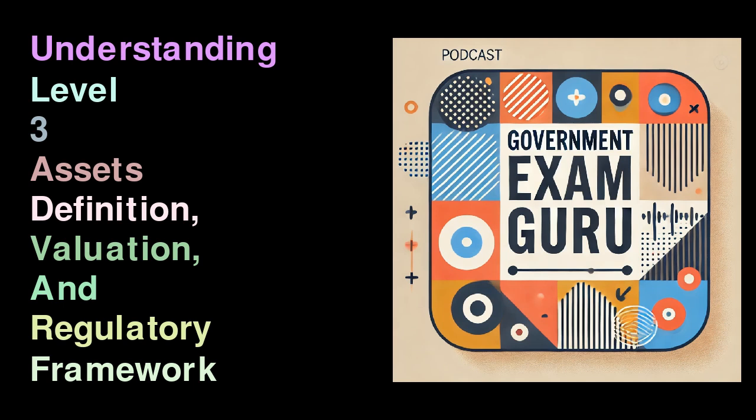Regulatory framework. In 2006, the Financial Accounting Standards Board, FASB, issued FASB 157, now Topic 820, which established a framework for measuring fair value and classified assets into 3 levels based on the reliability of inputs used for valuation. Levels of asset classification. 1.